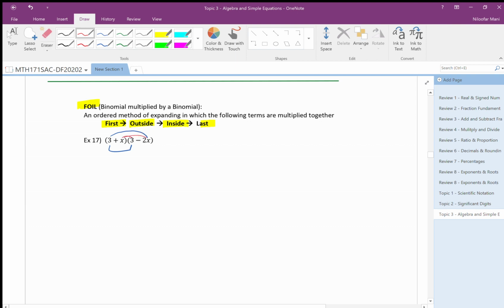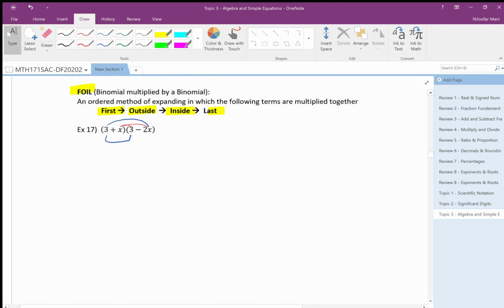Okay, I really don't recommend that you memorize this. I want you to learn it, because if it goes to, for example, a trinomial multiplied by a trinomial, or more terms, polynomial multiplied by polynomial, then it will be so hard to follow. So if you learn it, it's easy.